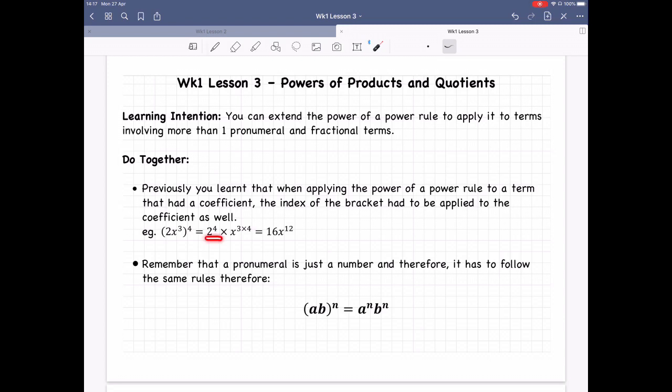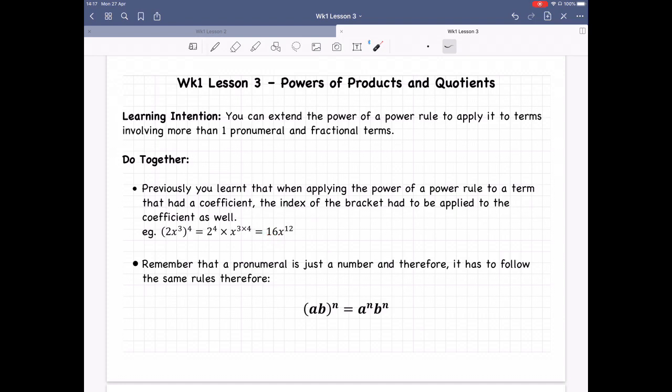So we get 2 to the power of 4, and then we multiplied these two indices here together, and we had x to the power of 3 times 4. So our final term was 16x to the power of 12, because 2 to the power of 4, or 2 times 2 times 2 times 2, gives us 16.